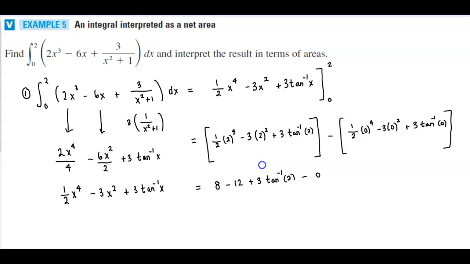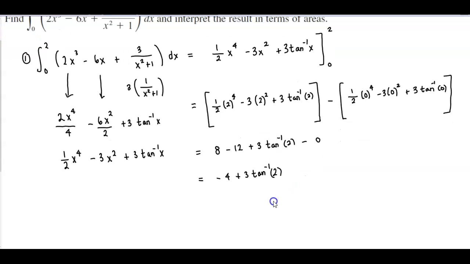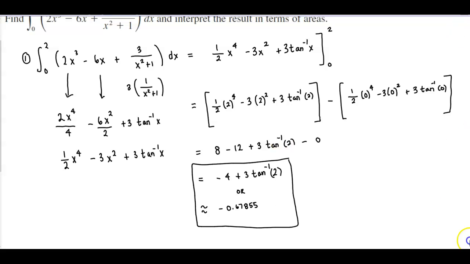Now let's simplify this a little further. 8 minus 12 is negative 4 plus 3 times the tangent inverse of 2. Or if we wanted to find the approximation of this value by plugging it into the calculator, we would get negative 0.67855. So therefore, this would represent the net area of this particular integral.